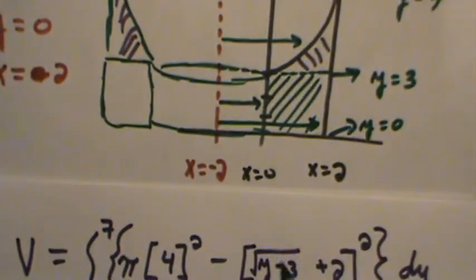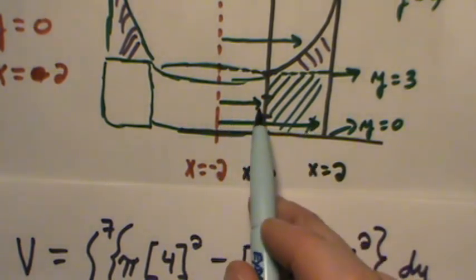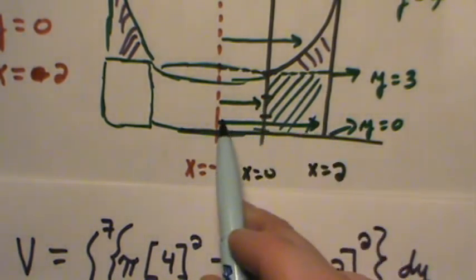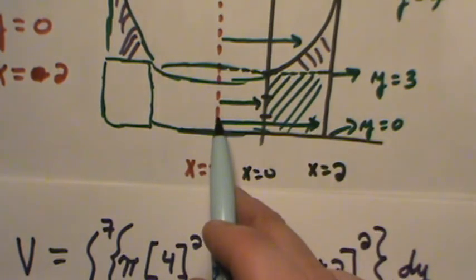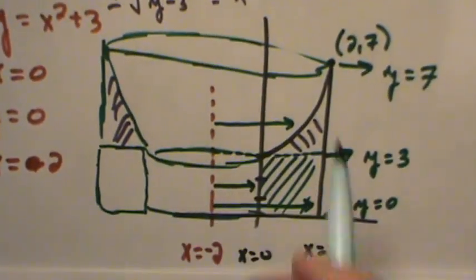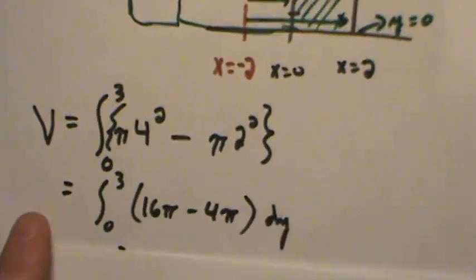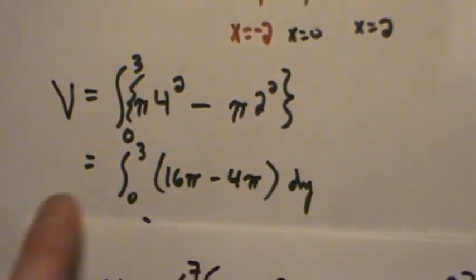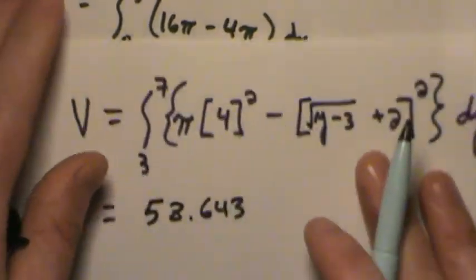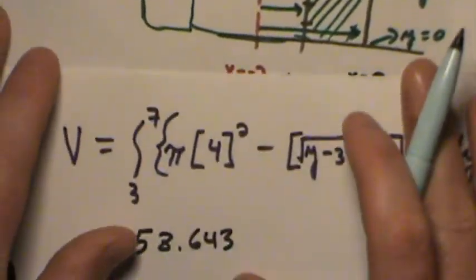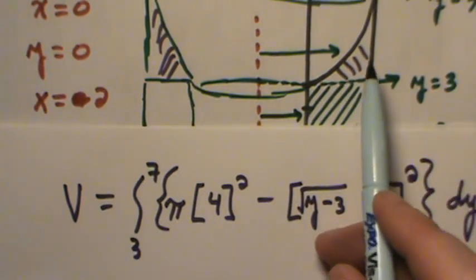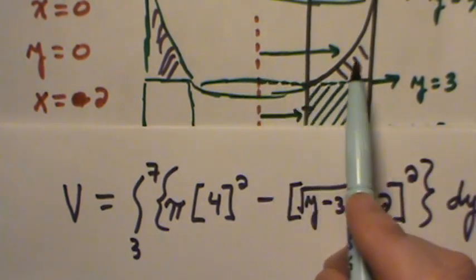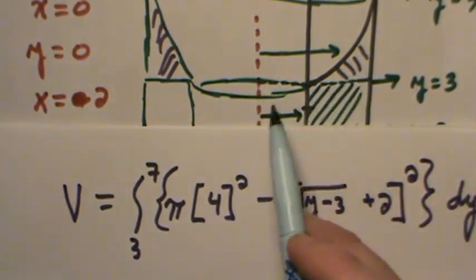Again, it's all about that picture and always looking at what your radius is. You have to determine what that distance is. It'd be the curve minus your axis of revolution. And I did that all the way through, and you saw my formulas as I set those up. And then when I set up the second one, I know it's shaking here, pardon me, this was going to be the line, which was that distance of 4 squared pi.